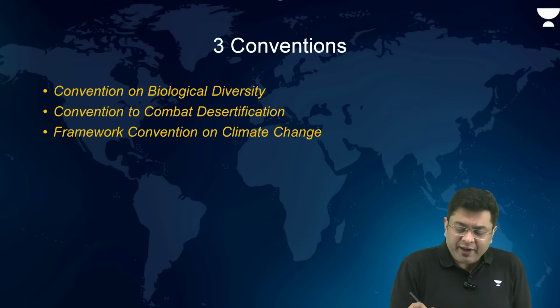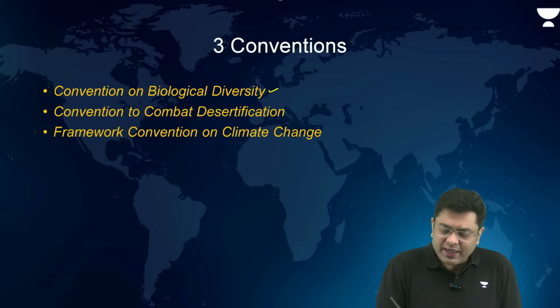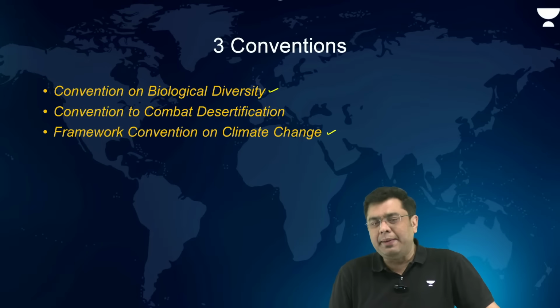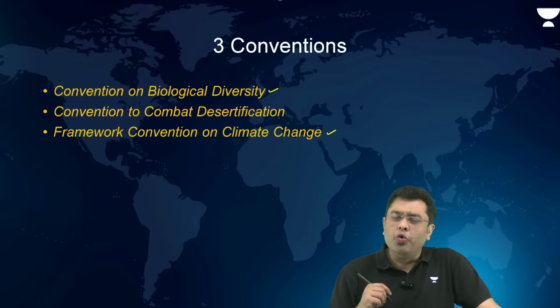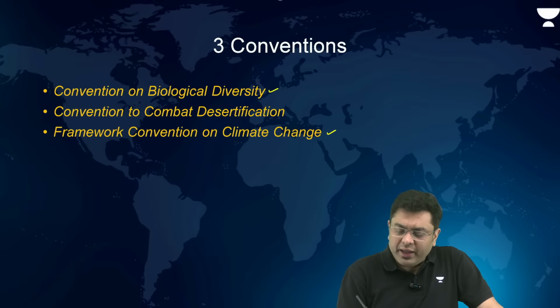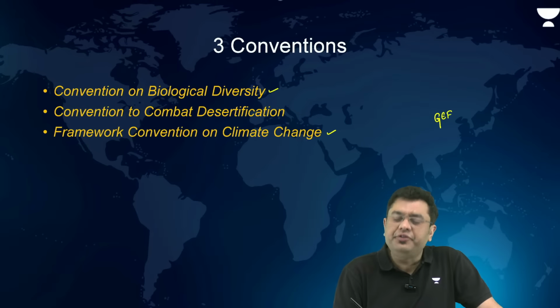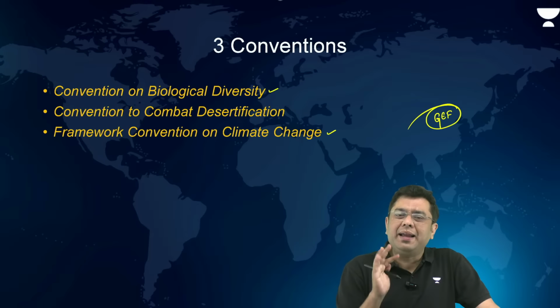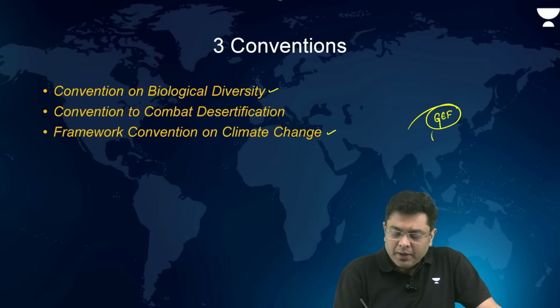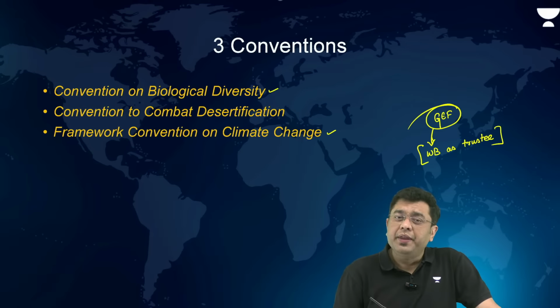Now, when it comes to Convention on Biological Diversity and Framework Convention on Climate Change, from the get-go, the funding agency for this would be GEF, Global Environment Facility, with World Bank as its trustee. World Bank would be the trustee. Right? Now, that was GEF.